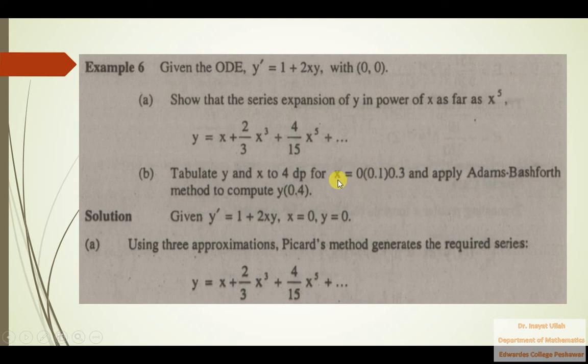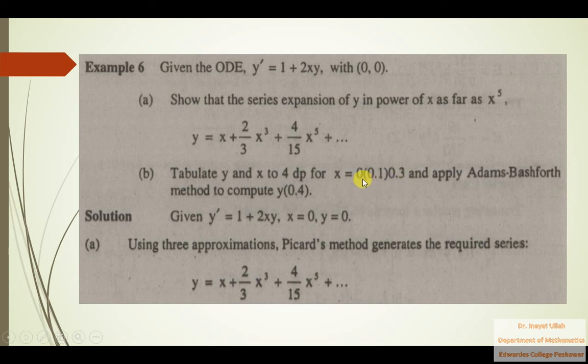So the first value of x is x naught, which will be 0. The second value of x will be x1, which is 0.1. The third value will be x2, which is 0.2, and x3 will be 0.3. So these are the values of x.